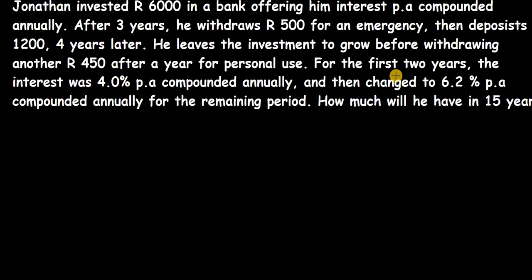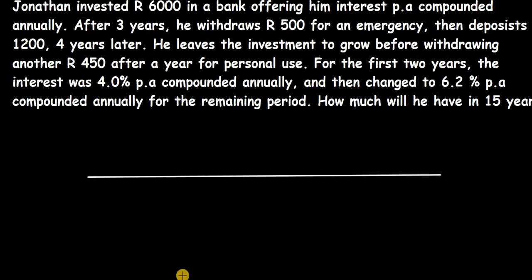But someone might ask, what if this person is withdrawing after some months and then depositing after some years? Yeah, just make sure everything is in months. You understand? The moment there is months involved, make sure that your timeline is talking about months, okay? Just to be on the safe side. So now, let's try to see if we can solve this.